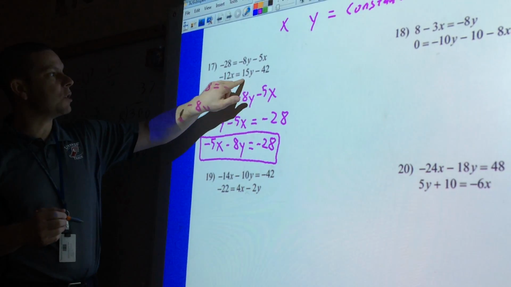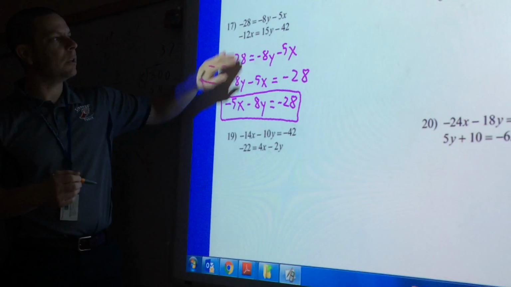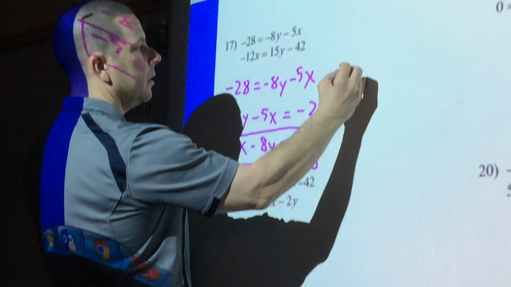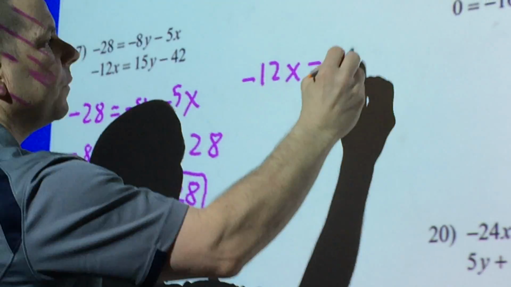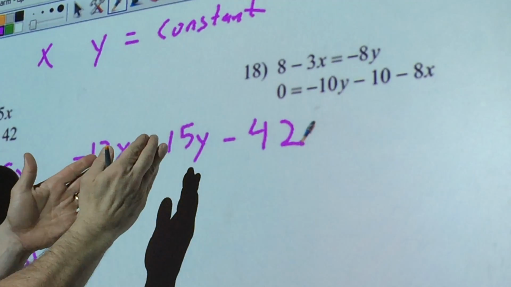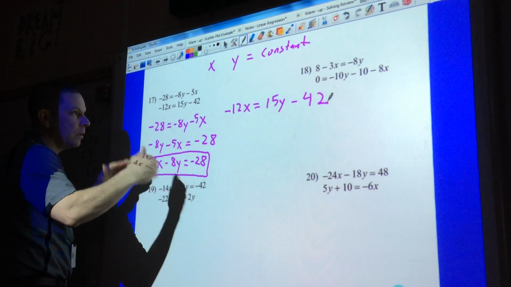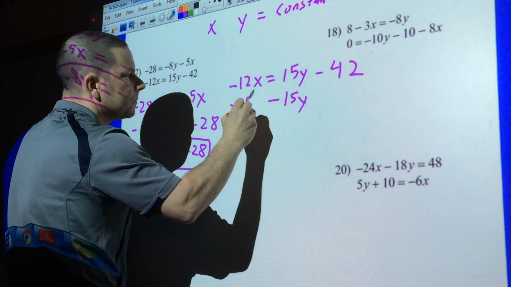All right, on equation number 2, it just requires one step to get this y term over onto this side. So I'll rewrite that here. Negative 12x equals 15y minus 42. So to get this y term off of the right side and over on the left, I'll subtract 15y on each side.